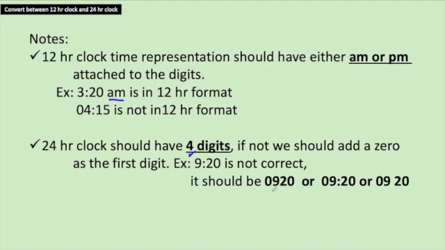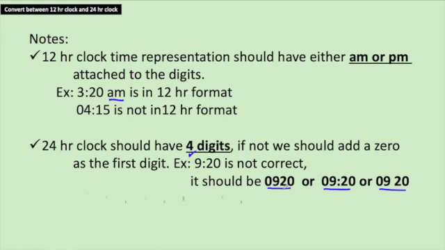We can also write the same time with a colon in between the 4 digits. After 2 digits, we put the colon sign and then 2 digits. Or we can even represent it with a space in between the digits. These are 3 formats to represent time in 24-hour clock.